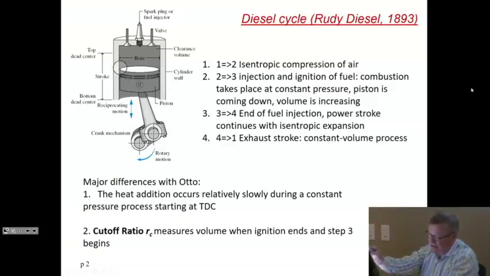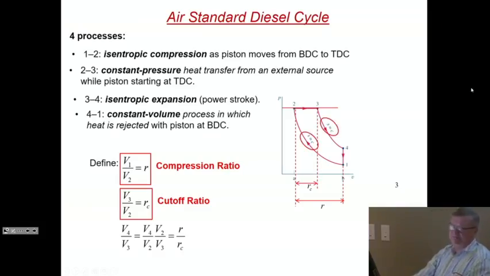So the fraction of the volume between the moment you're at top dead center and when the ignition ends, that's R sub C. You, of course, have the old R that we had also in the gasoline engine, which is a classic compression ratio, the volume ratio between when the piston is at bottom dead center and at top dead center. All right, that's a diesel.